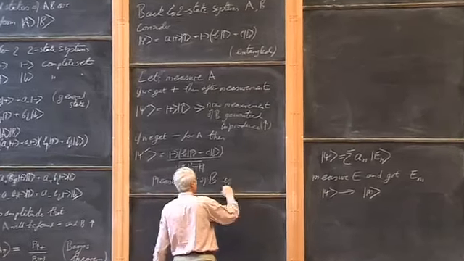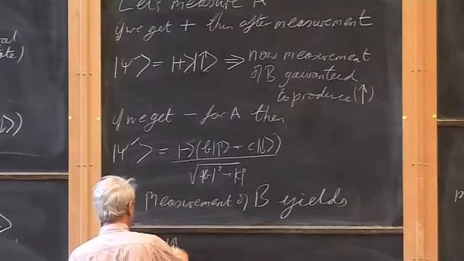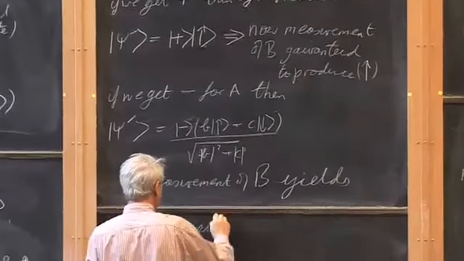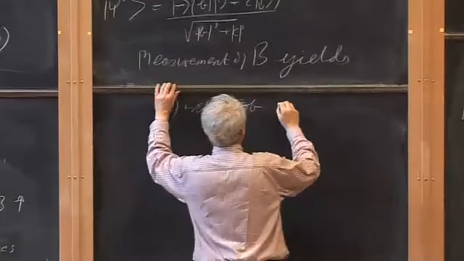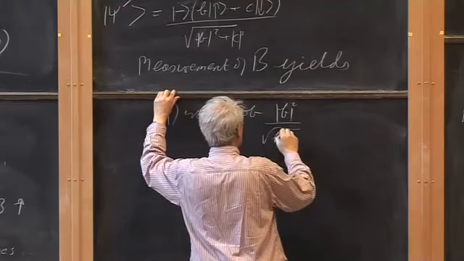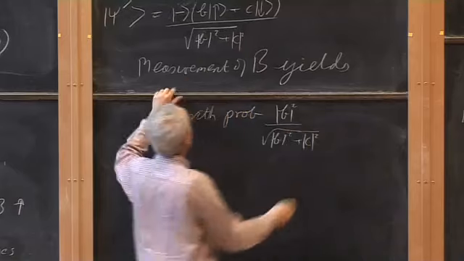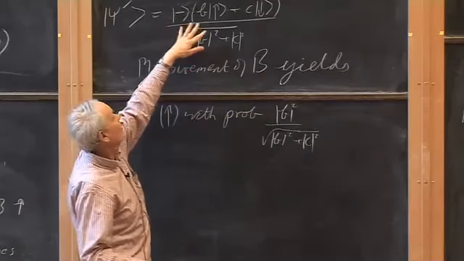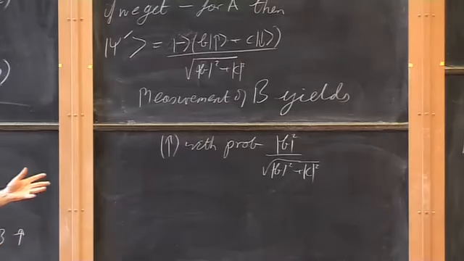So now measurement of B yields, for example, up with probability B squared over B squared plus C squared. So we now apply the same old rules about the interpretation of the amplitudes, right?